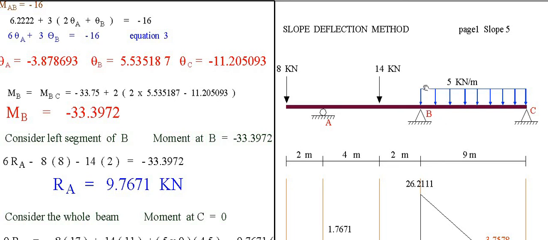Moment at B on the right is minus 33.3972, and the moment on the left of these forces, 8, 14 and RA, is equal to minus 33.3972, because the left and the right must be equal.